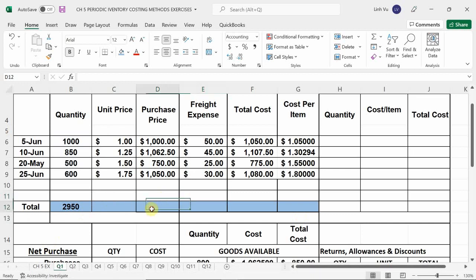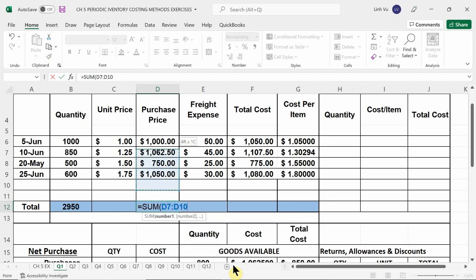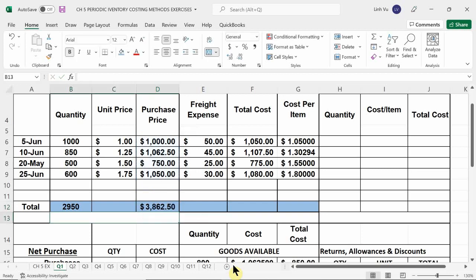Then what is my total purchase price here? $3,862.50.